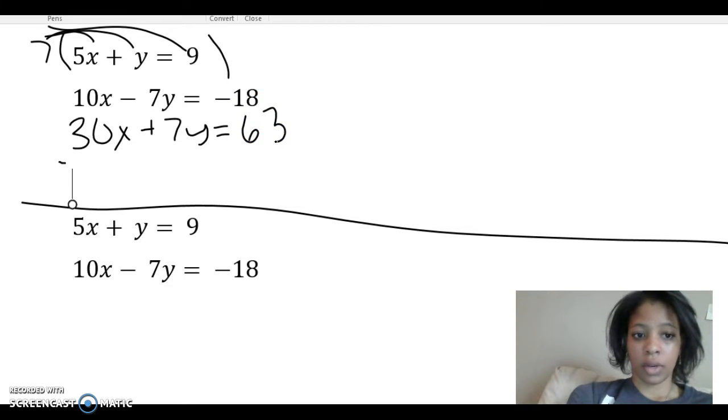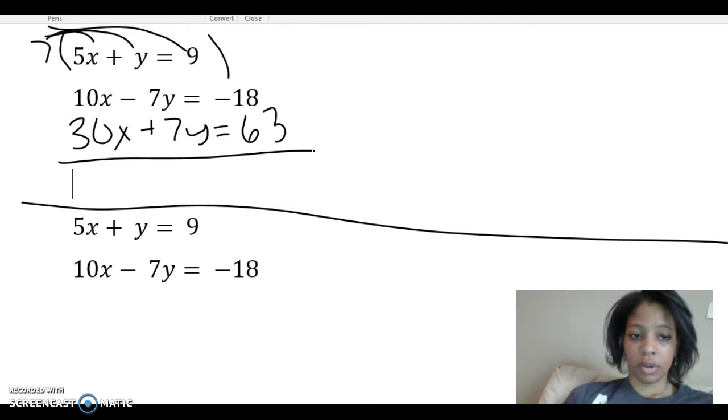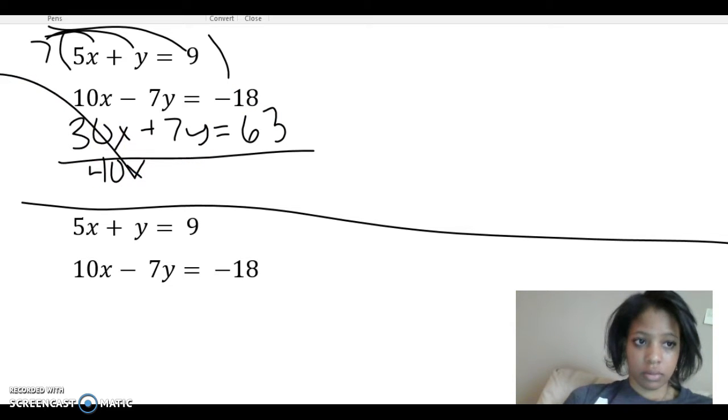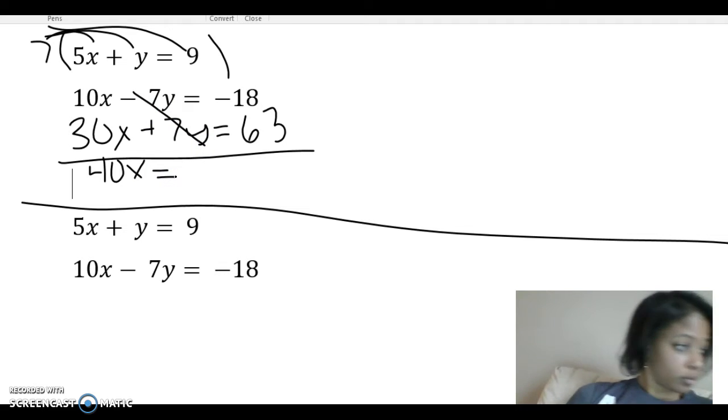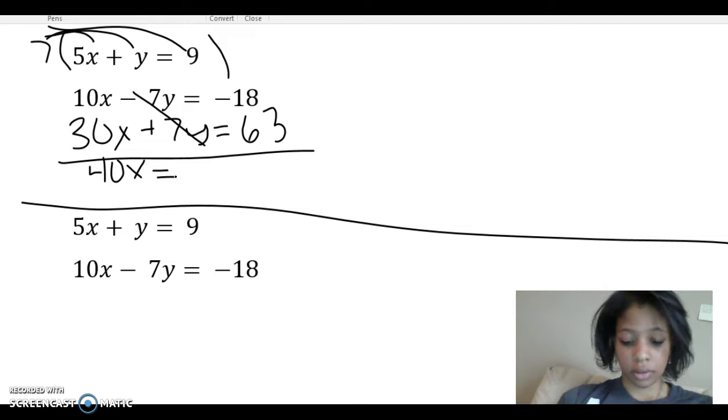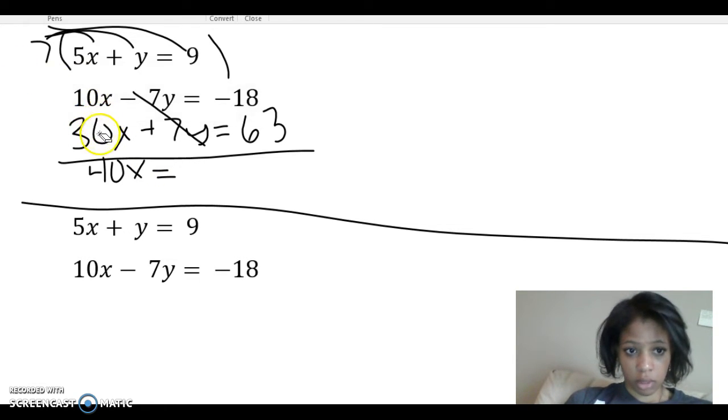So now I'm looking at these two equations and I'm going to combine both of these, right? So I have 10 plus 35, which will give me 45x. Oh, my y's cancel because they're opposite. And then equals -18 plus 63 equals 45.